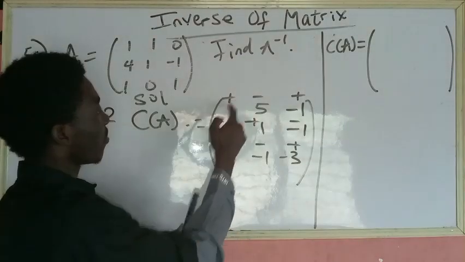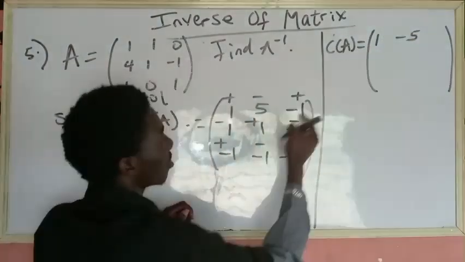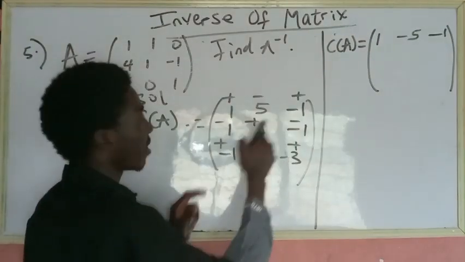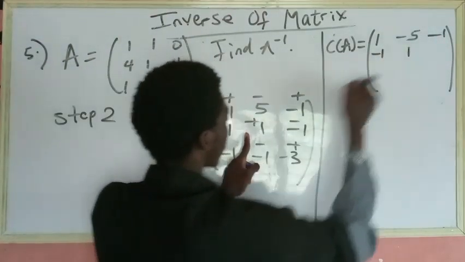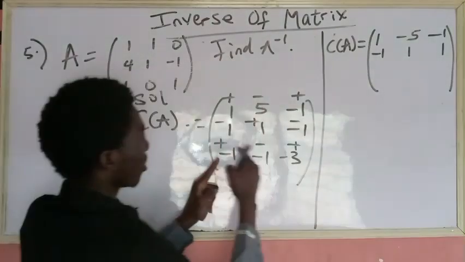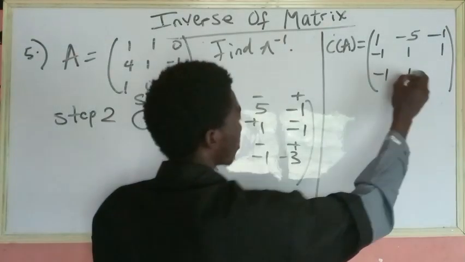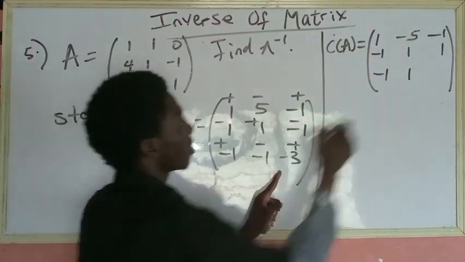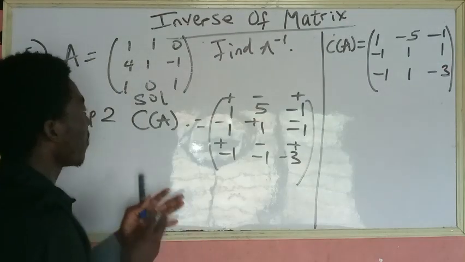That will be plus 1, minus 5, minus 1, plus and minus is minus, minus 1, plus 1. This minus and minus will give us a plus 1, plus and minus is a minus 1. A plus 1. Because minus and minus is plus. So you want a minus 3. So that will be the cofactor of A. Let me rewrite everything here.